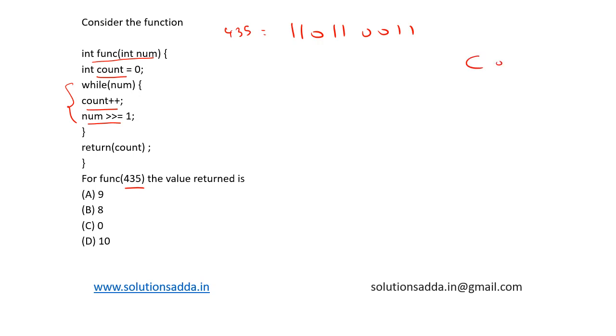Initially count is equal to 0 also. Now while num, this num is valid, count is incremented, so count now becomes 1 and we are right shifting this number by 1 bit, so this bit is not considered now. So we have 0, we are appending 0 to the left, 1 1 0 1 1 0 0 1.